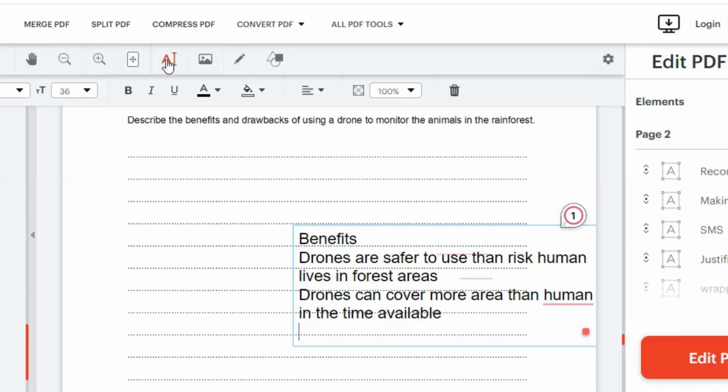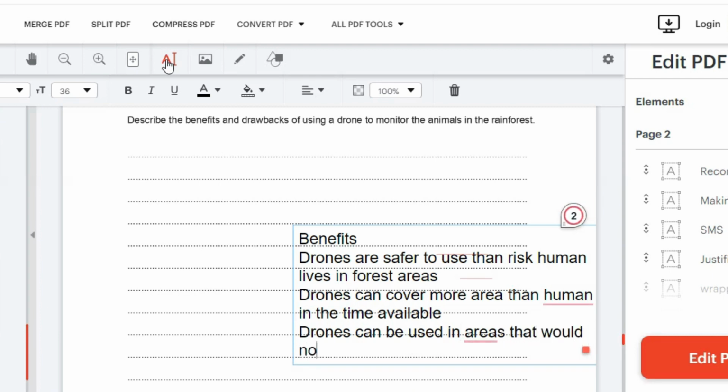Also, drones can be used in areas that will not be accessible to humans.